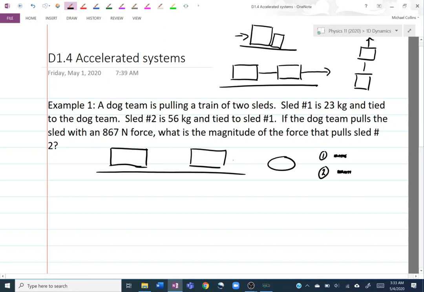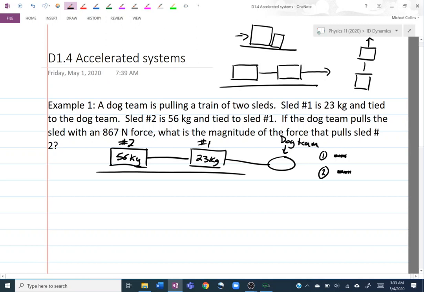Sled number one is 23 kilograms and tied to the dog team, and sled number two is 56 kilograms and tied to sled number one. So this is sled number one out in front, this is sled number two behind sled number one, and this is the dog team.